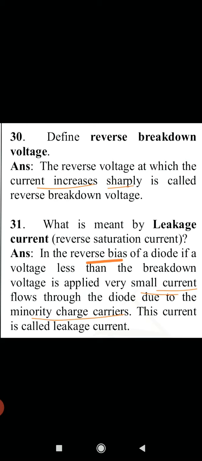In reverse biasing, due to the presence of minority charge carriers, a small current flows through the diode or p-n junction. This small current is called leakage current or reverse current.